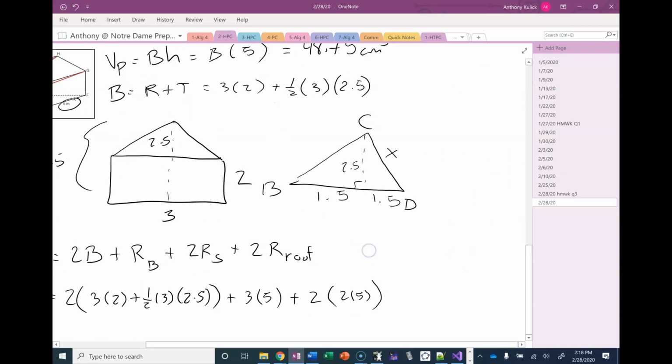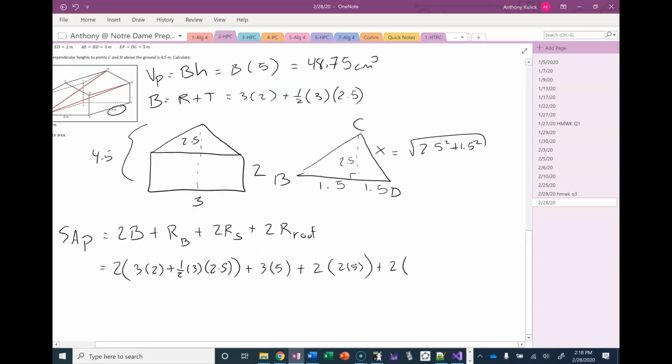So I'm just going to do the Pythagorean theorem to get that. What is the 2.5 squared plus 1.5 squared square rooted? Has anybody got that?